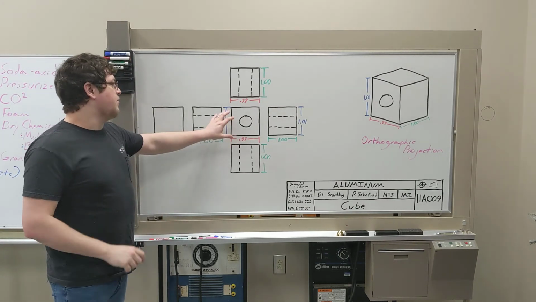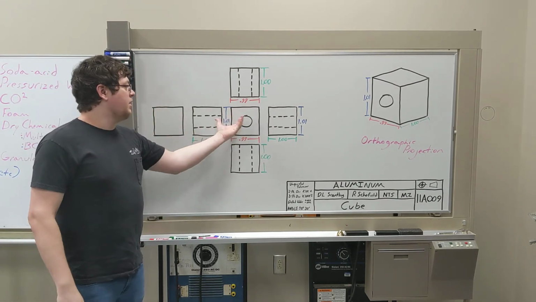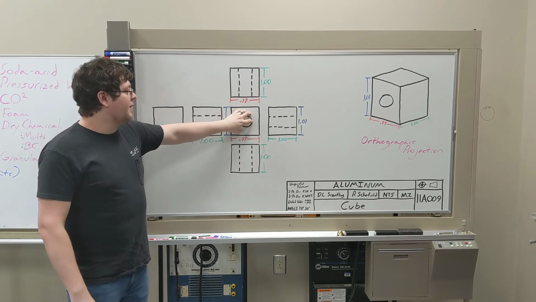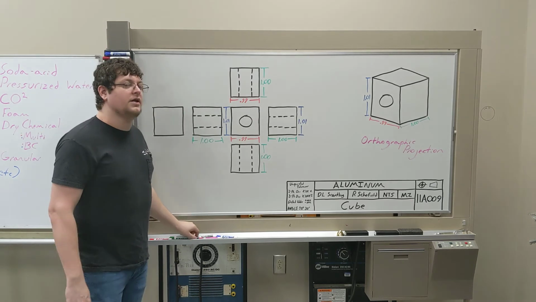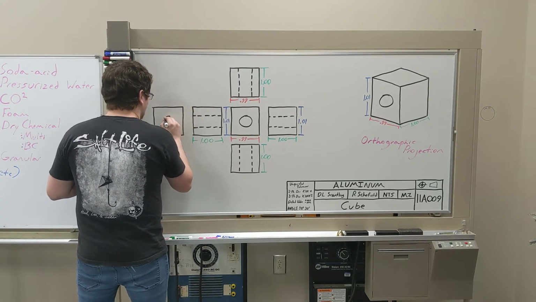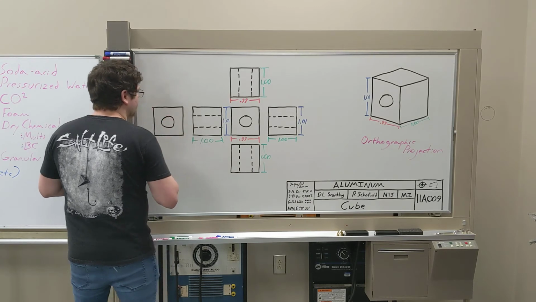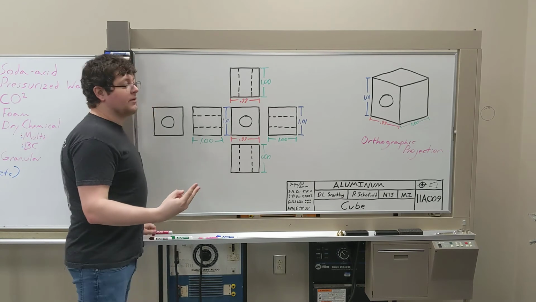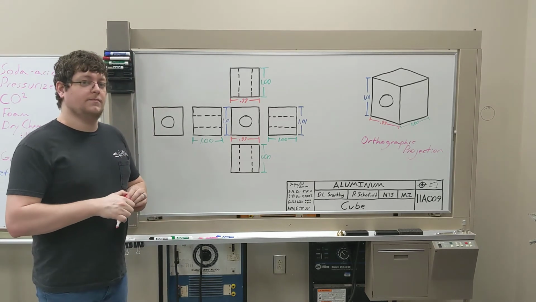The next thing is my back view. So taking it, turn it 90, I turn it 90 again. My back view and my front view are going to look exactly the same. And you make sure I have a circle there. What are the two dimensions that I'm going to learn from my back view?